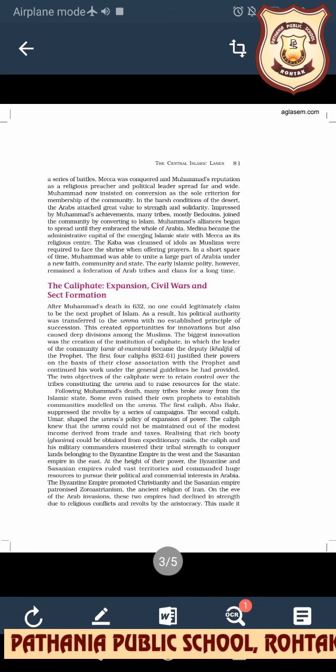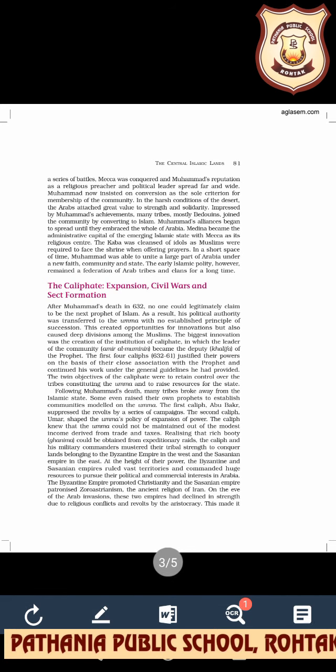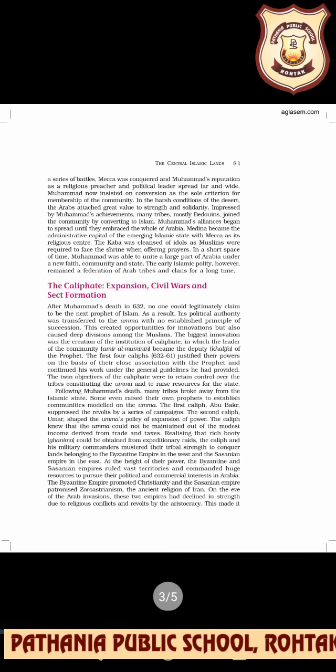Now these two empires, the Byzantine and Sasanian empires, beta, were at that time at their height, and they ruled vast territories and commanded huge resources to pursue their political and commercial interests in Arabia.